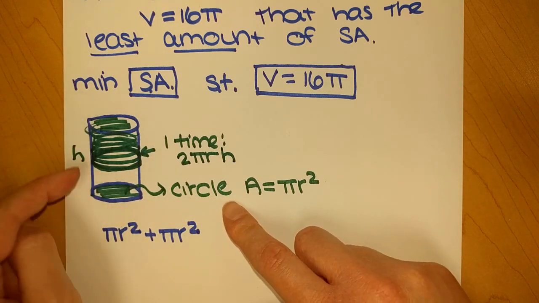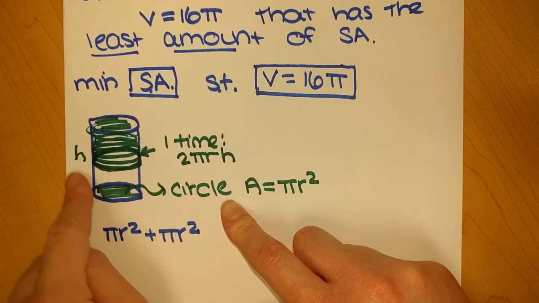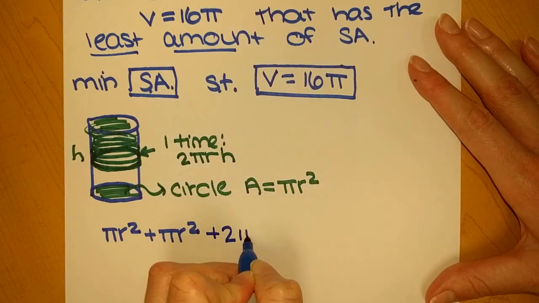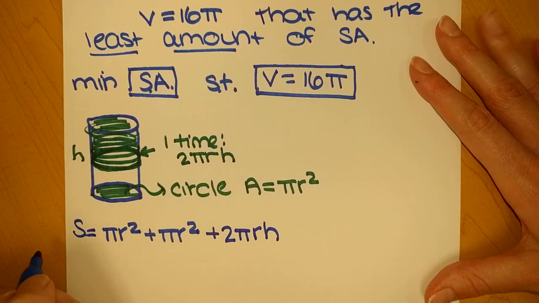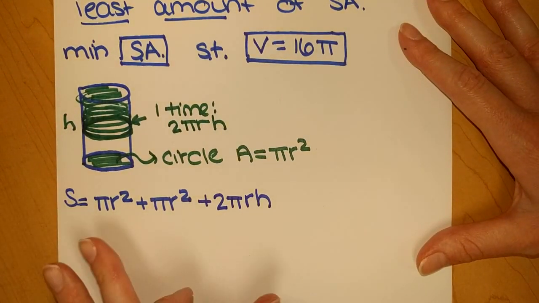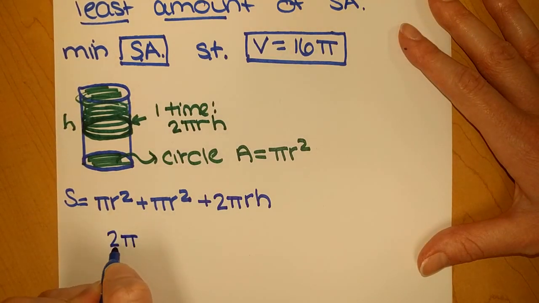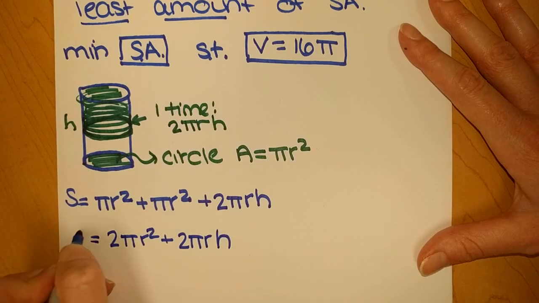So the bottom and the top are pi r squared and pi r squared, and then to cover the remaining part of the cylinder, I would have plus 2 pi r h, and that would be my surface area formula. Of course, you can combine the pi r squared terms to get 2 pi r squared plus 2 pi r h. All right, so that's our surface area formula.